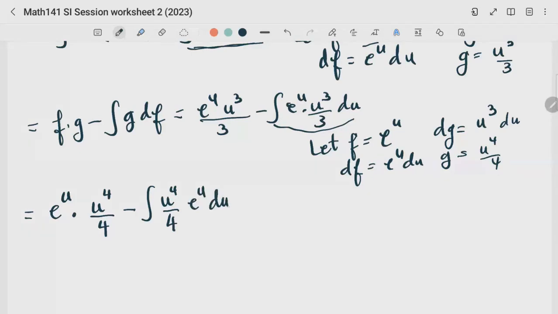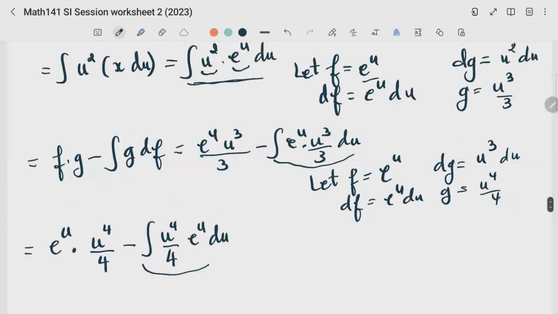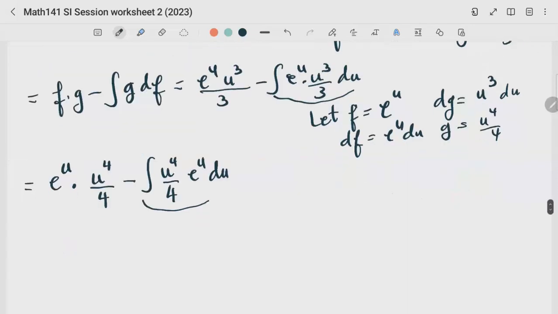So now, as you can see, we just end up getting another integral to solve by integration by parts, and we are only going higher and higher in order, right? We started with a square, now we went to a cubed, now we're going to a 4, in the exponents, which doesn't make our job easy, because in a question like this, you would only have maybe 10 minutes to spend on it in a test or an exam or anything like that.